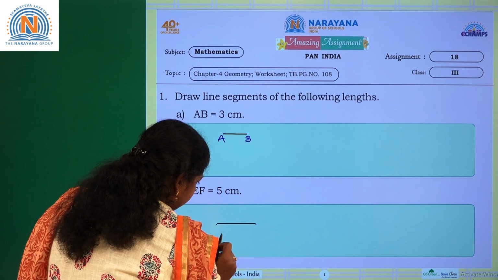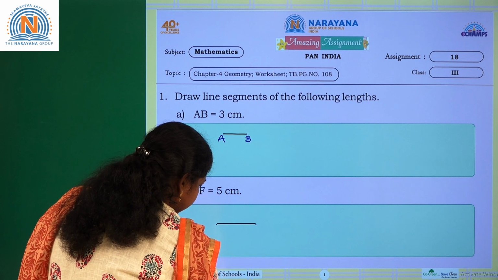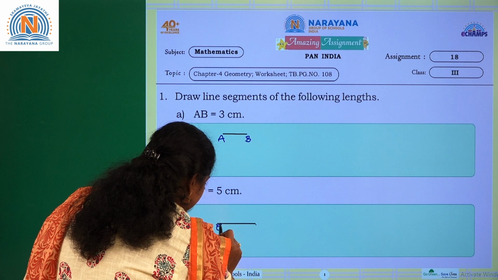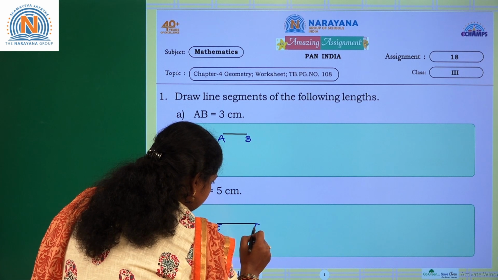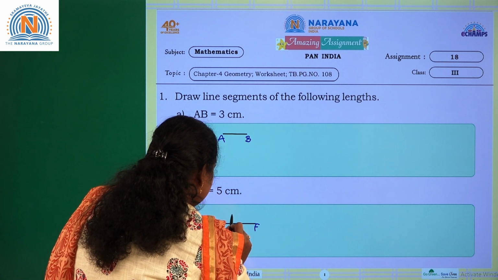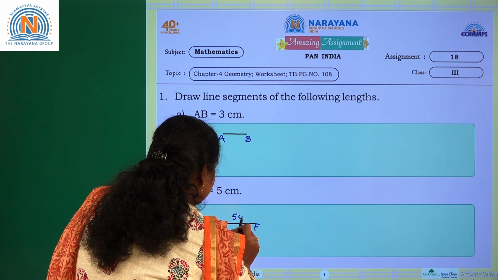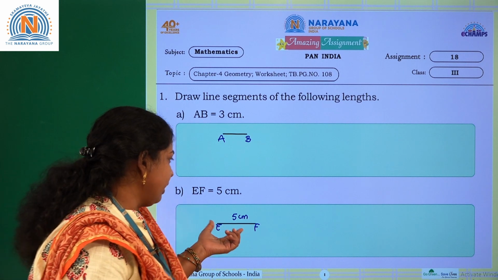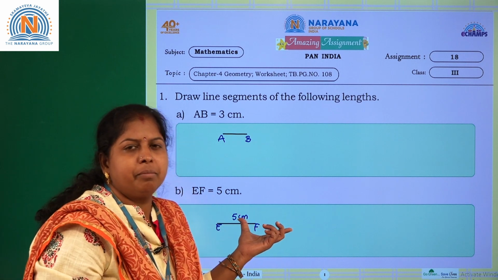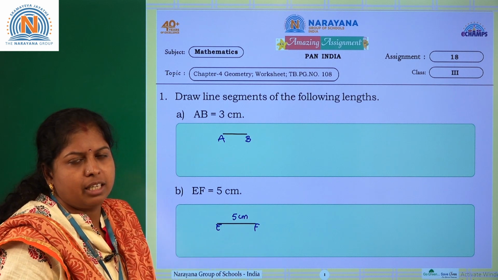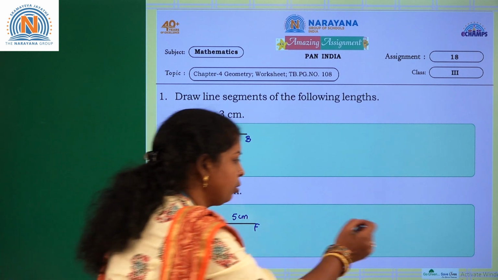Okay, and name that line segment as EF, right? And this is of length 5 centimeters. Okay, like this you have to consider the initial point and ending point based on the ruler, and then you have to draw this type of line segment. Okay children, let's move to the next question.